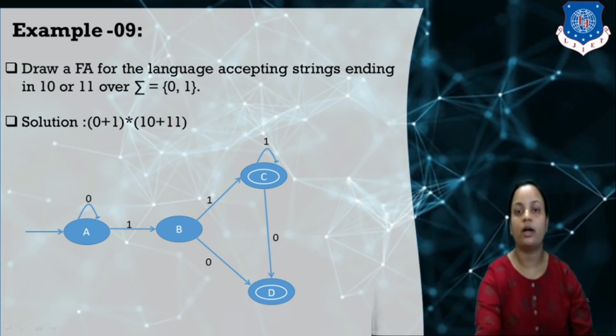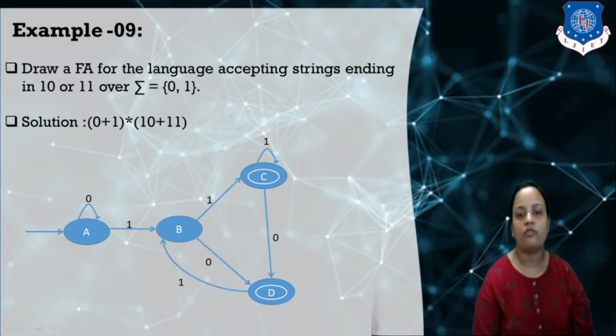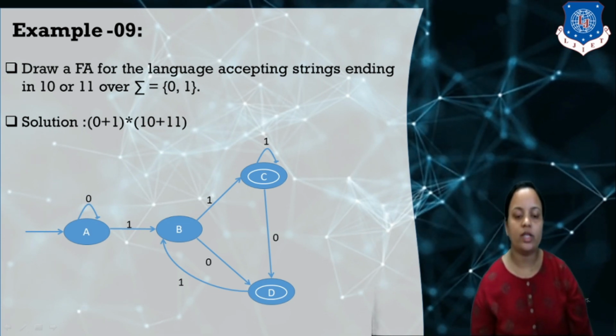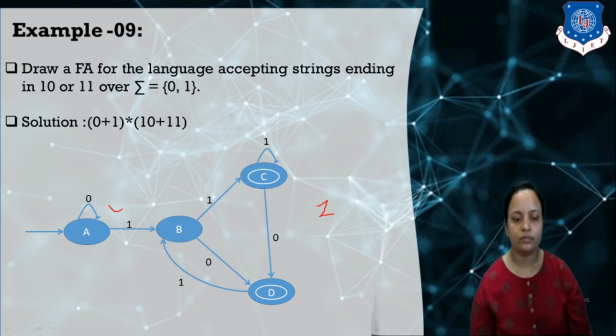Now next, complete D. From state D, on getting 1, we move to state D. In this way we accept the valid string 1010. So always remember 1. Now A on 1 moves to state B. Now B on 0 moves to state D. Again 1 appears. If 1 appears again, what would come after 1?